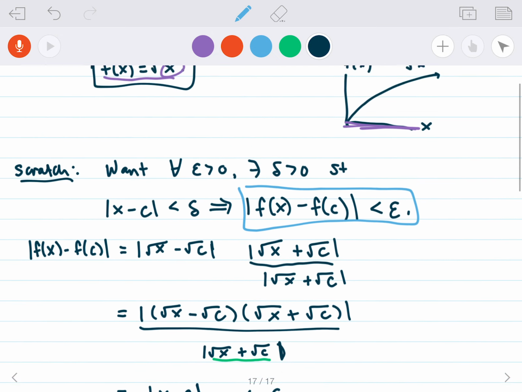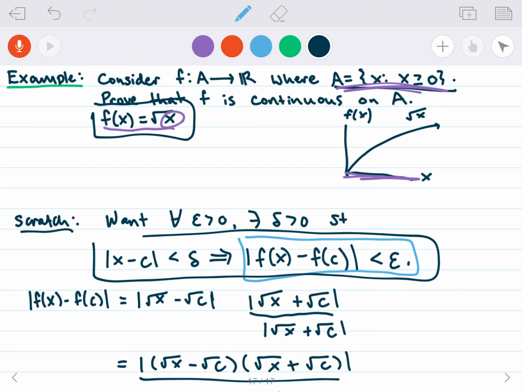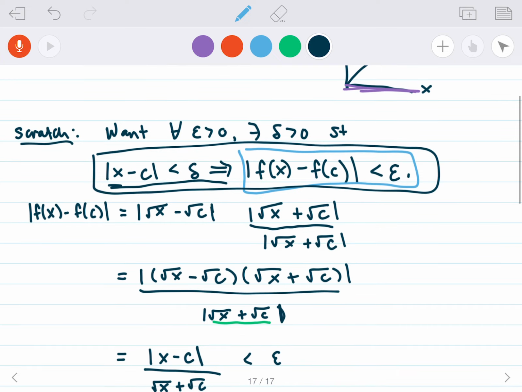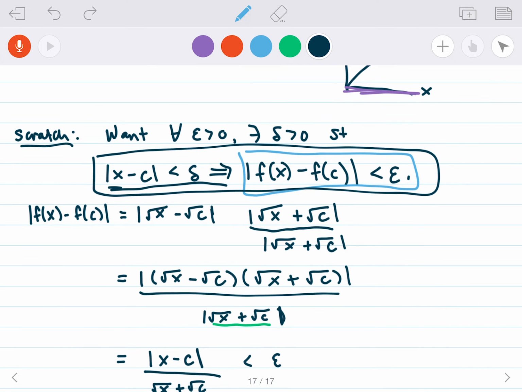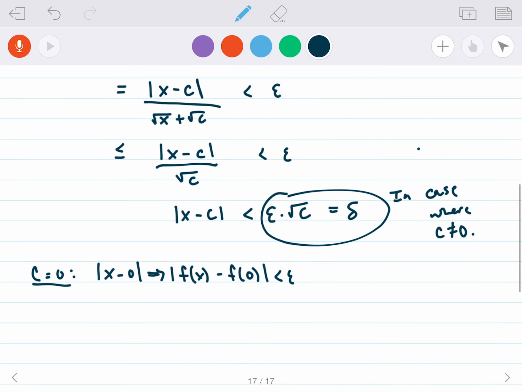So when c equals 0, I want this to imply the blue box. So when c equals 0, I have x minus 0, right? Okay, so let's just plug in when c is 0 into the definition. I want x minus 0 less than delta to imply that f of x minus f of 0 is less than epsilon.